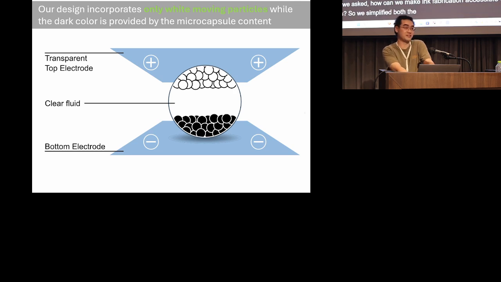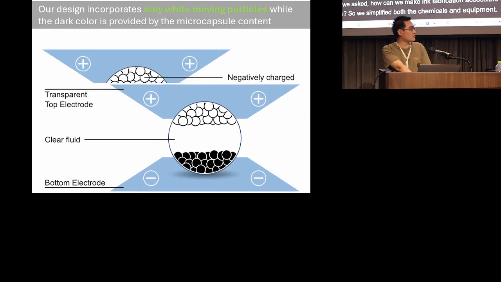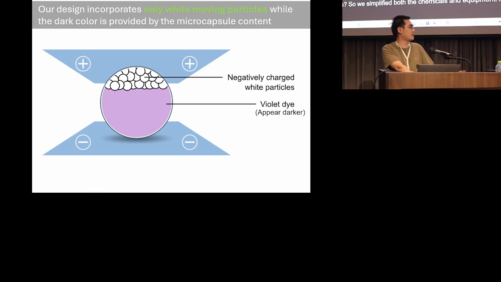So our e-ink is simplified. This is the original one, and here's the simplified. It's like only using the white particles floating suspended in a liquid that is not transparent anymore, which has a violet dye inside of it, providing the darker contrast color. By moving the white particles, we can hide them in the violet or let them flow to show the color change.